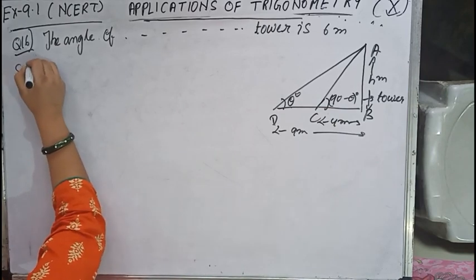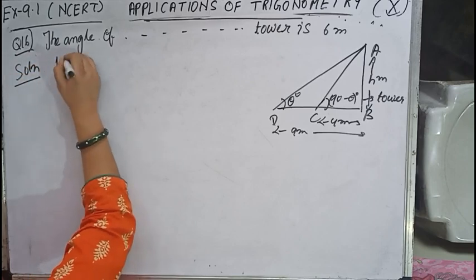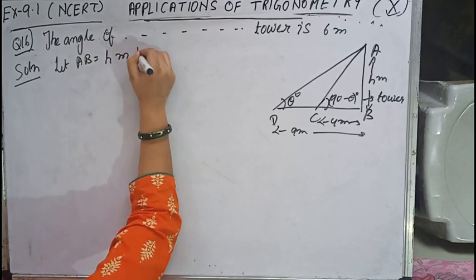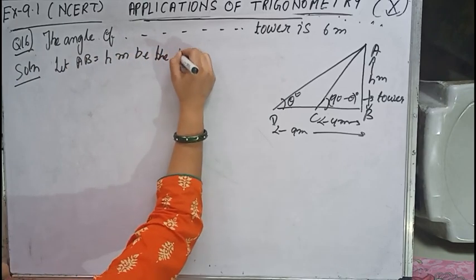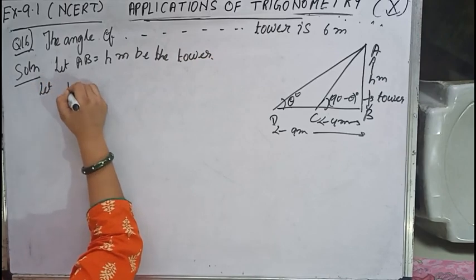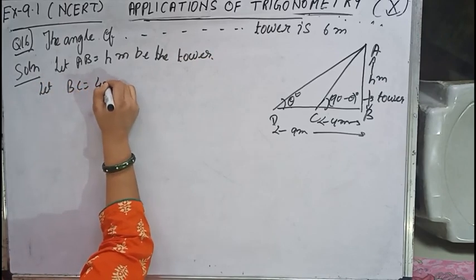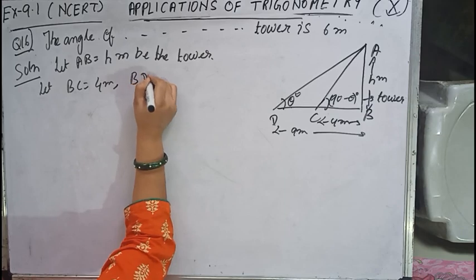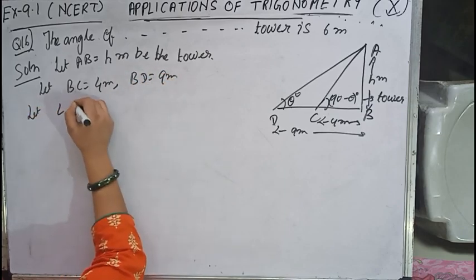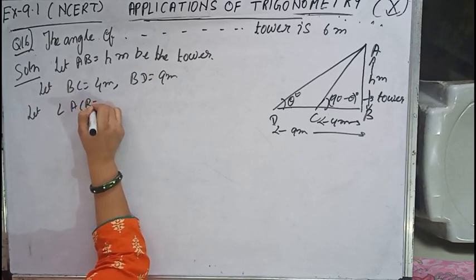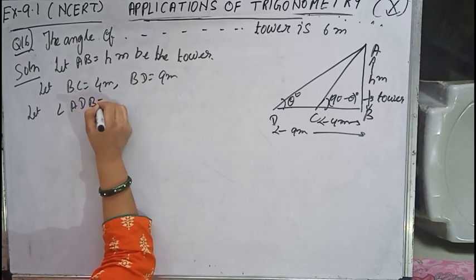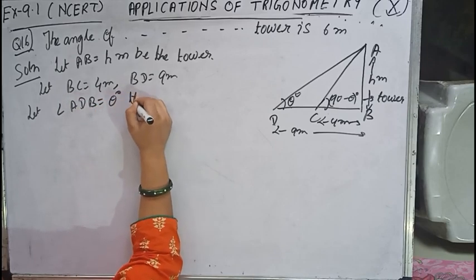So solution part. Let AB equals h meter be the tower. Let BC equals 4 meter and BD equals 9 meter. Let angle ADB equals theta degree.